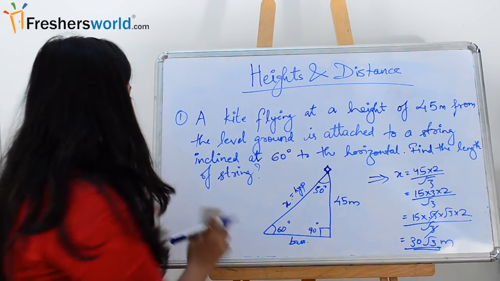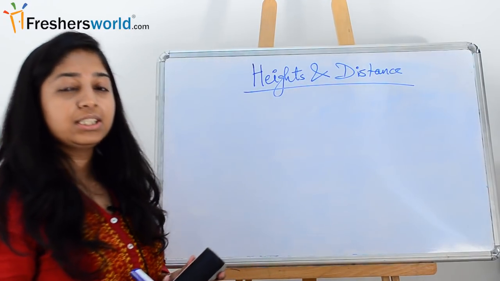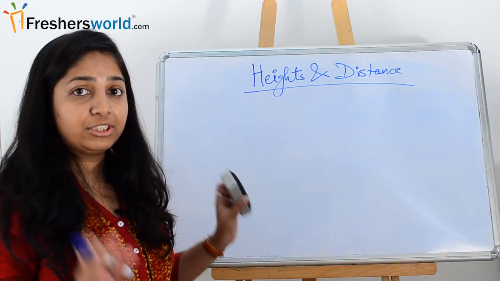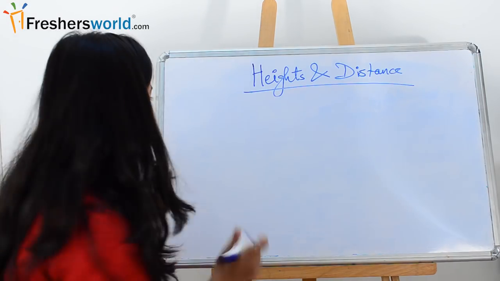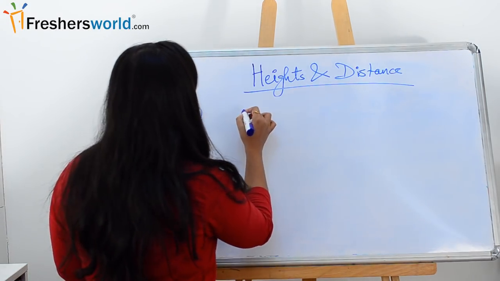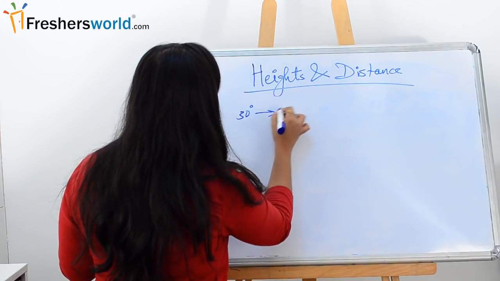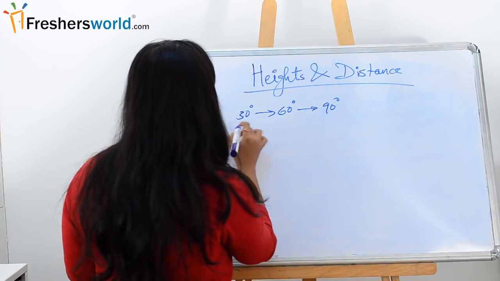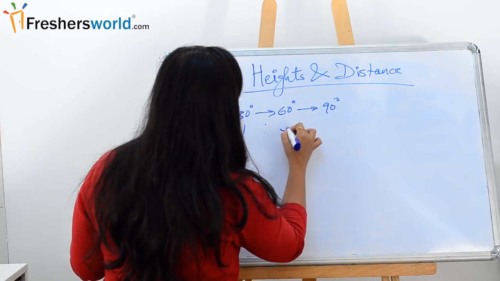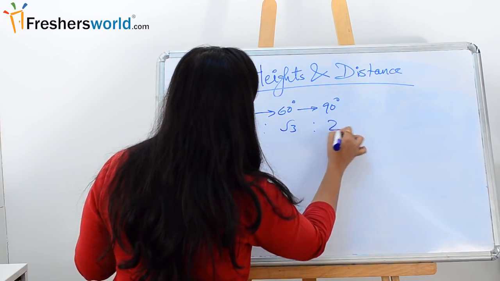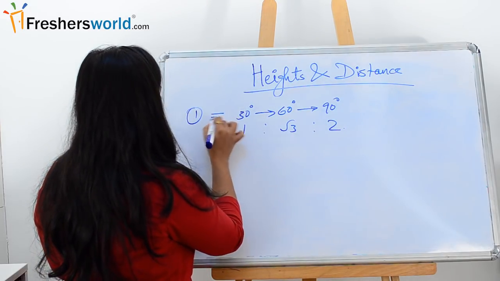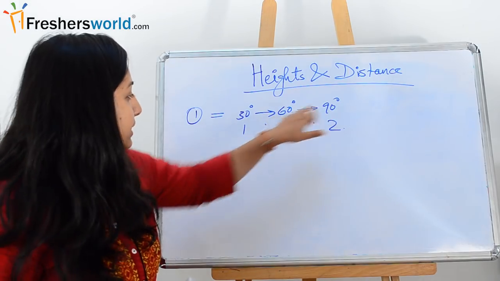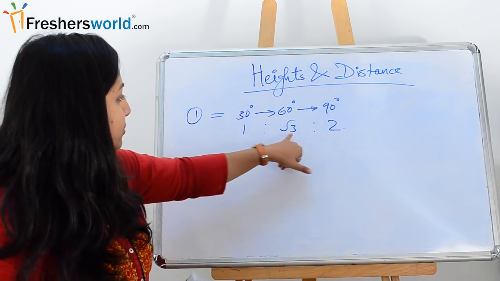For that particular trick, you need to remember two sets of ratios. This is the first ratio. 30 degrees to 60 degrees to 90 degrees is equal to 1:root 3:2.